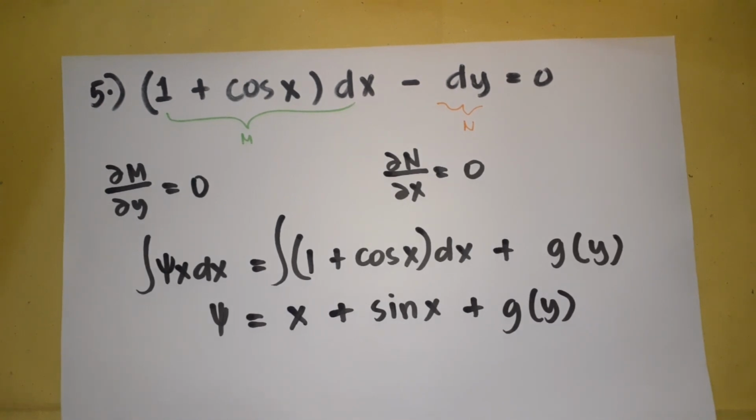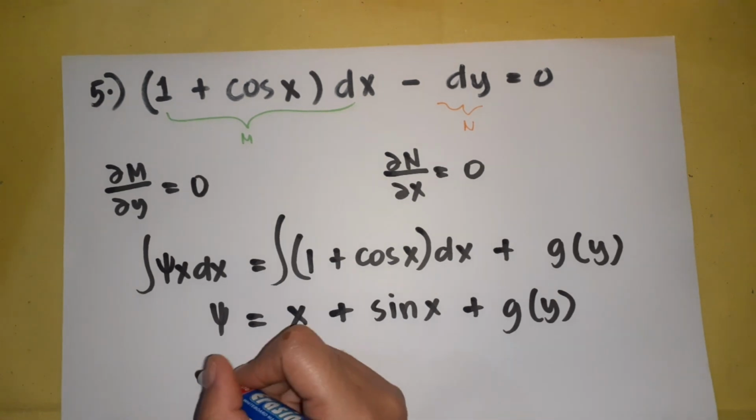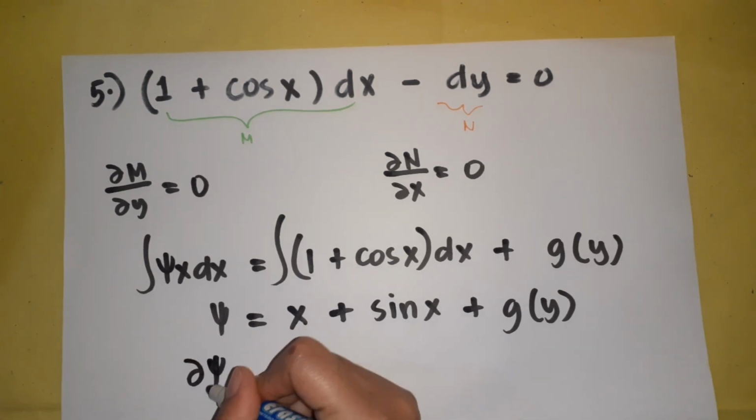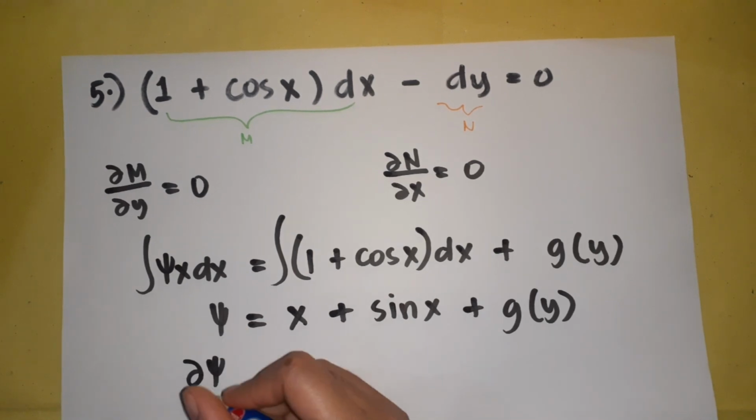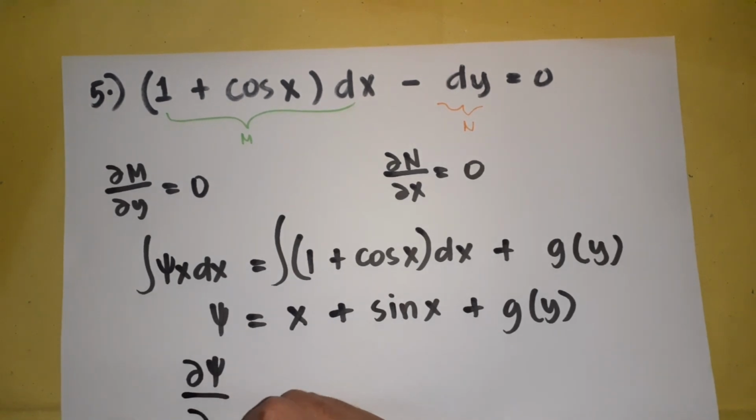Next, we will get the partial derivative of psi in terms of y. Since our psi has no y variable, its derivative is 0.